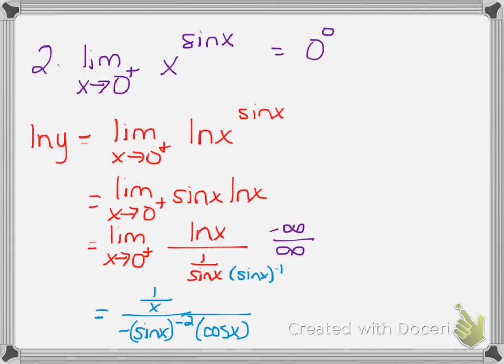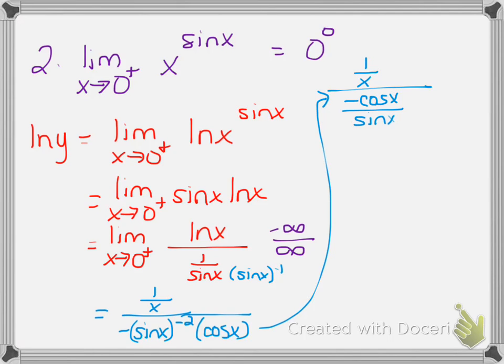Now that looks pretty complicated. I'll tell you, if you start plugging in 0 right here, you get something like infinity over 0 or something like that. But this looks so complicated, so what I'm going to do next is simplify. So I'm going to make it 1 over x over negative cosine of x over sine of x squared, which I'm going to simplify again.